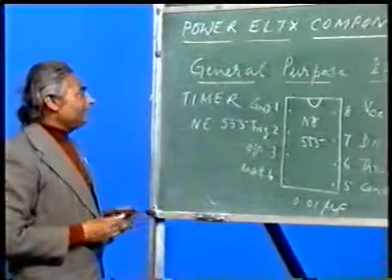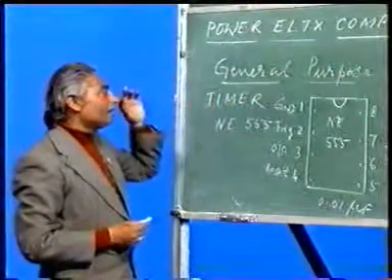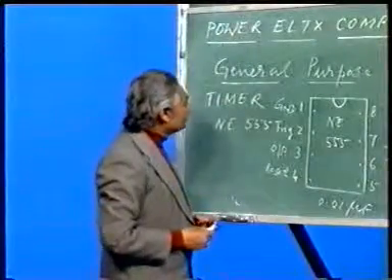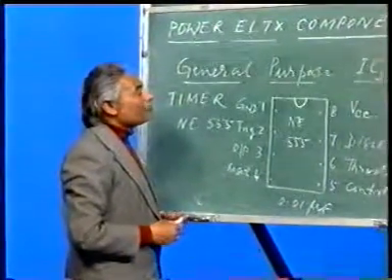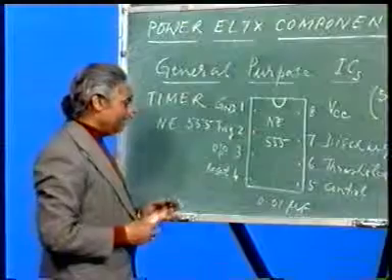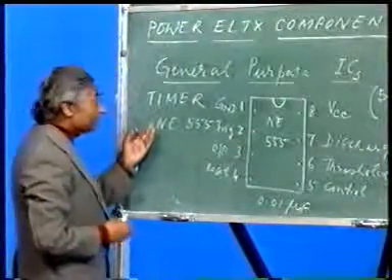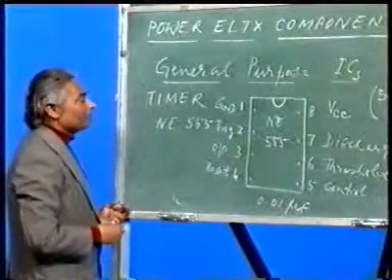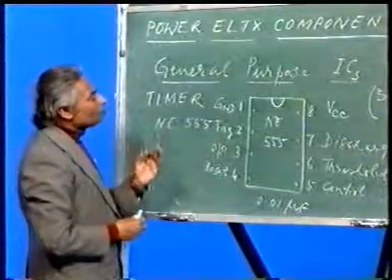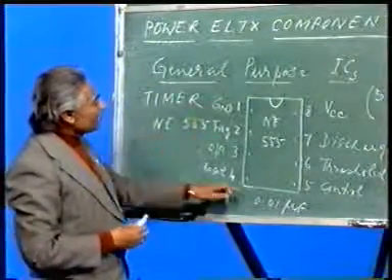Now the application of the 555 timer is for getting multivibrators. It can be used as a bistable as well as a monostable. Now there are other ICs also which are not packed in 8 pins.